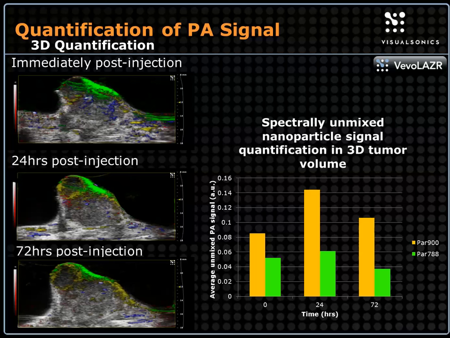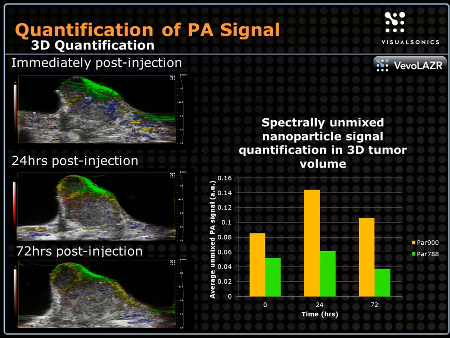And you can even see that in the image here, where the PAR 788 signal really seems to be restricted to the skin line, whereas the PAR 900 signal is throughout the tumor. So this indicates that it's possible that the folate targeting we had is actually helping to retain that particle within the tumor, and we can image that, essentially imaging that folate receptor.